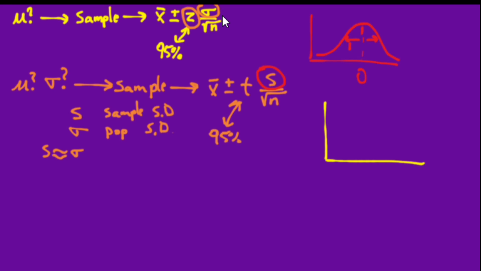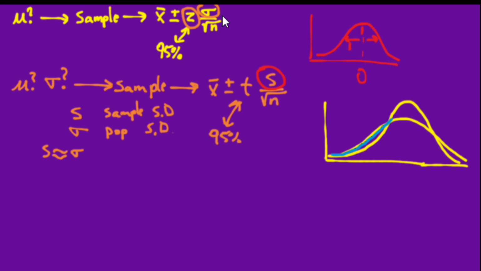Now, the T distributions are a whole family of distributions, some fatter and some skinnier than the others. Depending on the sample size, we have a different shape of the T distribution. Maybe I'll change colors here just so they show up better.